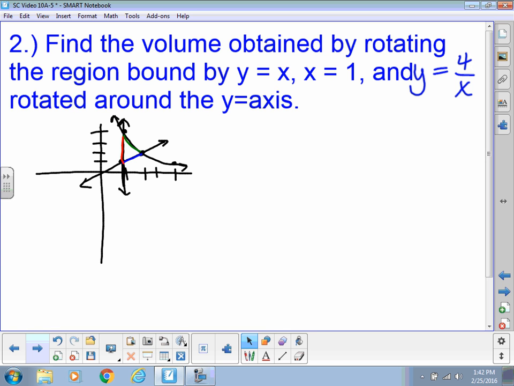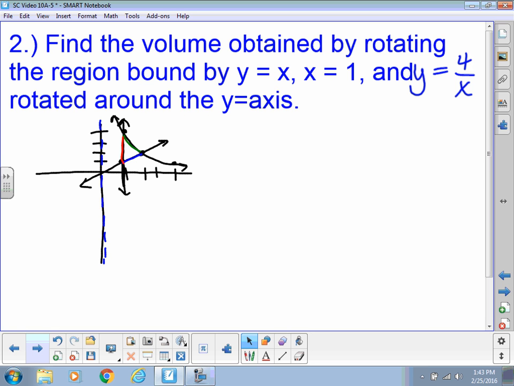We want to rotate around the y-axis. So let's start off with washers. We would have to draw in our slices perpendicular to where we're rotating around.